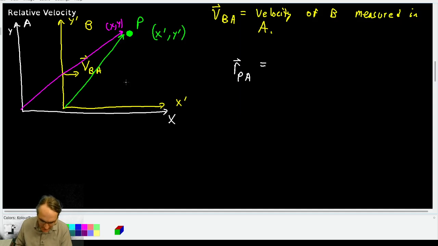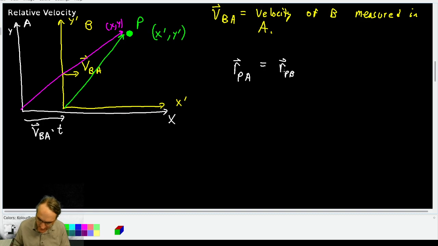Well, in order to find its location, we'll have to think about how reference frame B has moved. Its motion will be V_BA times the time, and that'll tell you how this reference frame has moved. So initially, maybe they start out at the same location, but over time, B moves away from A. All right, then the location will be whatever reference frame B says it is.